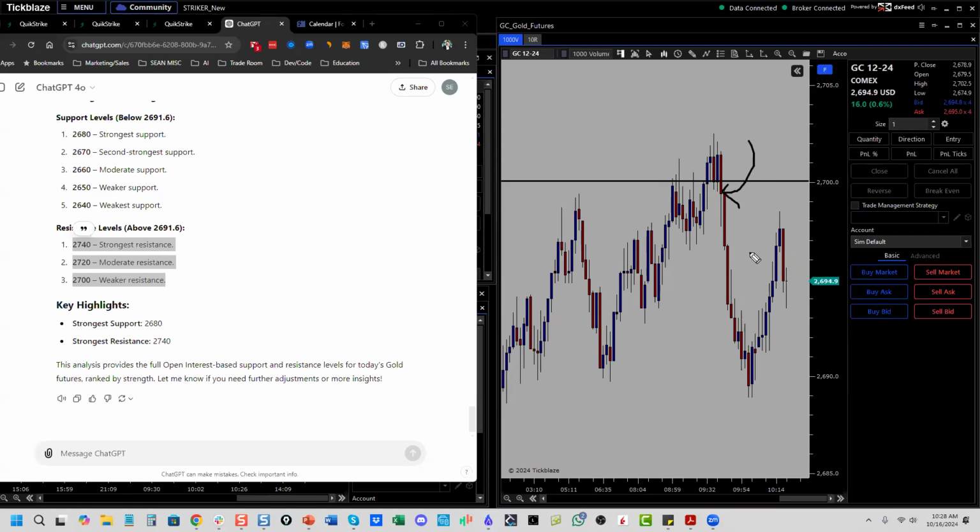If you learn one thing from me, don't be afraid if you miss something. Be afraid of blowing out your account because you're jumping in too soon. That was the short on gold. Right there. Sticks out like a sore thumb, I'd say. Now, could you have done that 2,700 on a range chart?